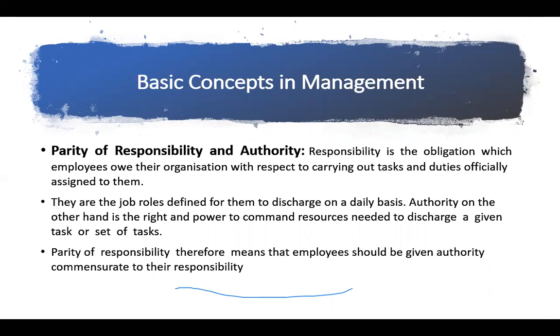Authority, on the other hand, is the power to command resources needed to discharge a given task or set of tasks. It's simply saying that when you are employed in an organization, you have what you are meant to be delivering to the organization.